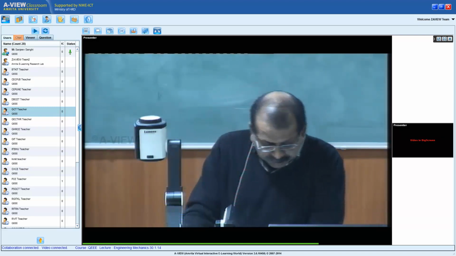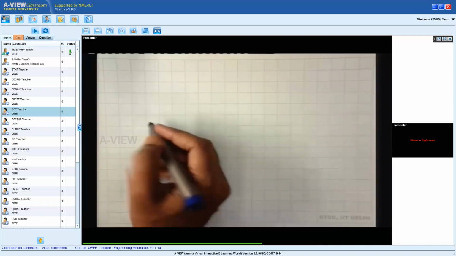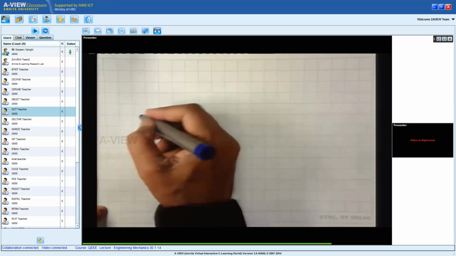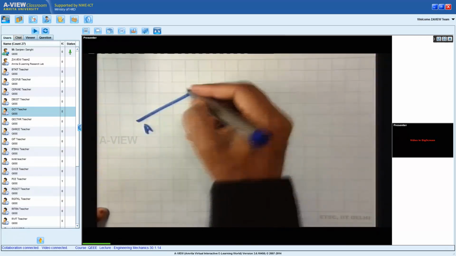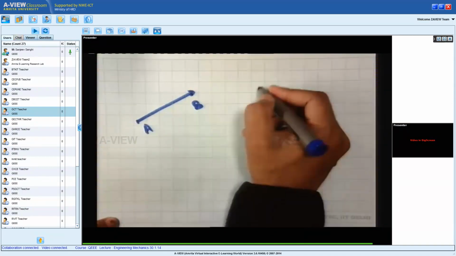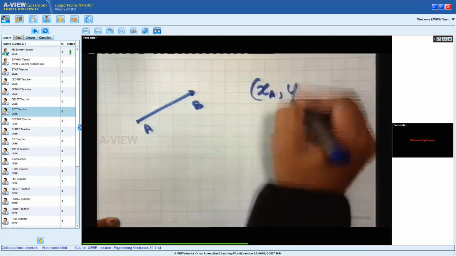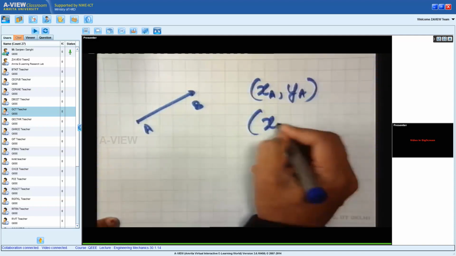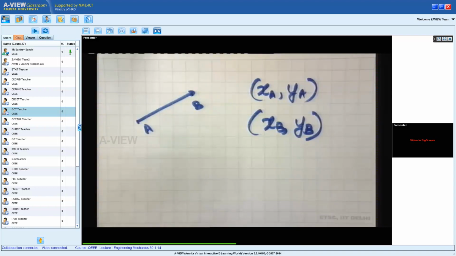So let me take an example now. This is again an example from the text. See now what I talked of. If you have a force along this direction AB, you know the coordinates of A. XA, YA are coordinates of A, XB, YB are coordinates of B. Where do you actually use this information in mechanics?